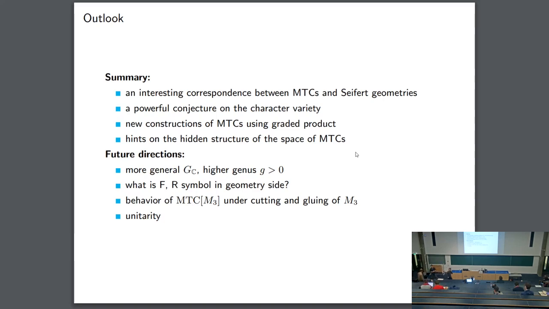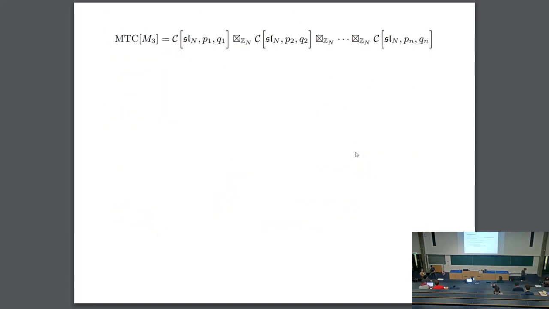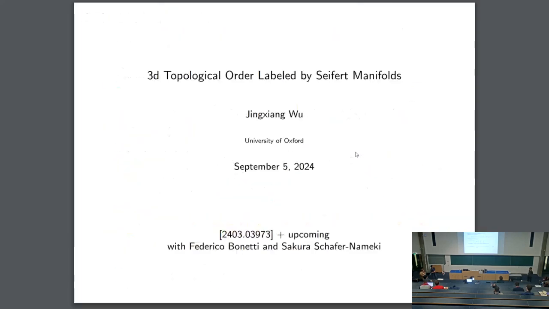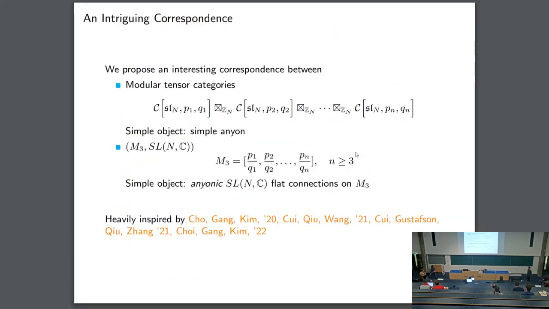Thanks for the talk. What motivated you to look for this conjecture in the first place? Why would you come up with this idea at all? So the motivation was from this paper, where they started from the 3D correspondence and conjectured a very similar construction.